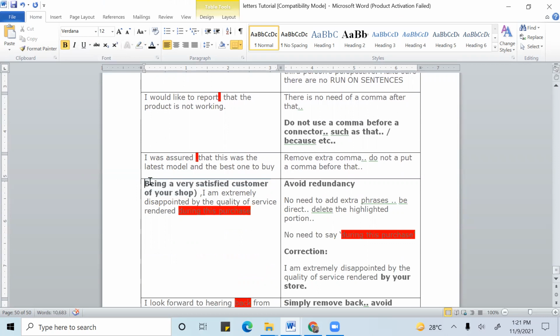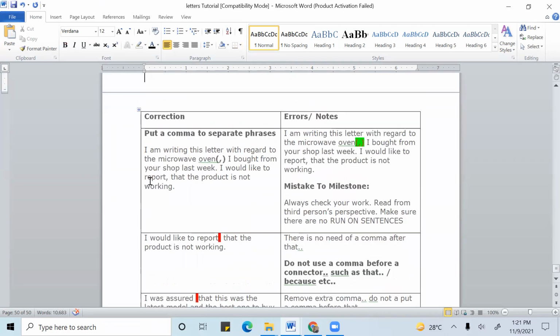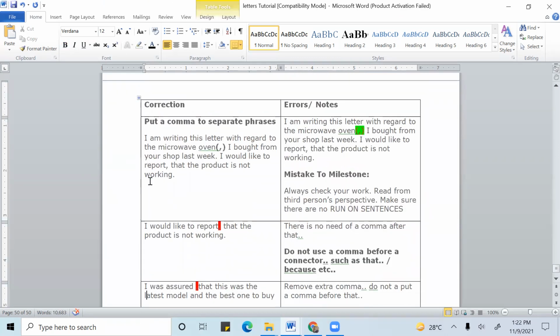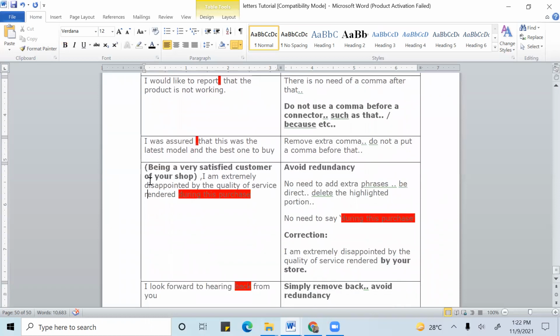The point which is important is whenever you commit an error, make a table of this sort. Make sure that all your mistakes are written at one place so that you have some tool to revise. The only way you can turn your mistakes into milestones, or in simple words, you can learn from your mistakes, is by writing them down at one place. Again, look at this sentence. I'm extremely disappointed by the quality of service rendered during this purchase.